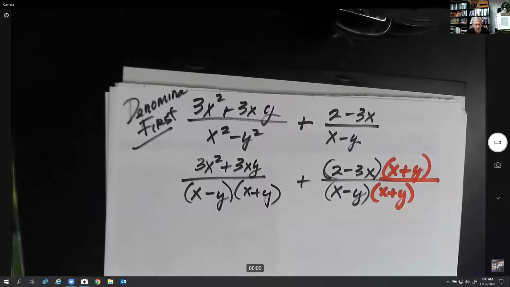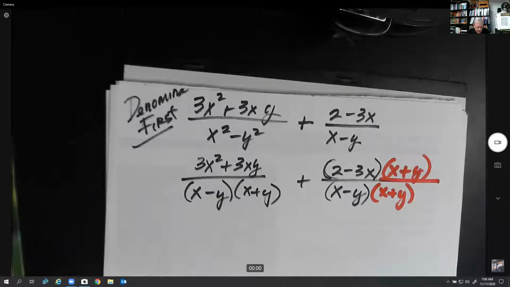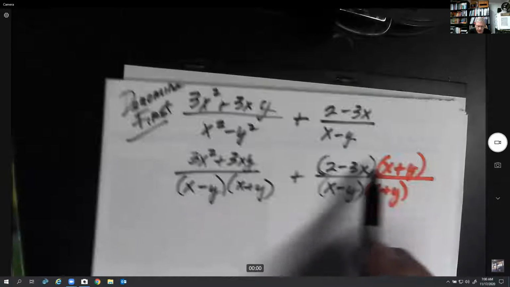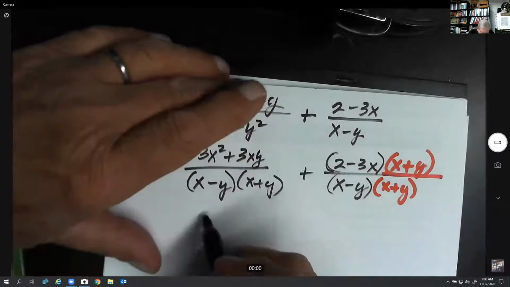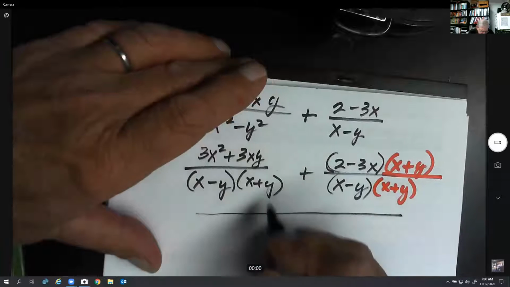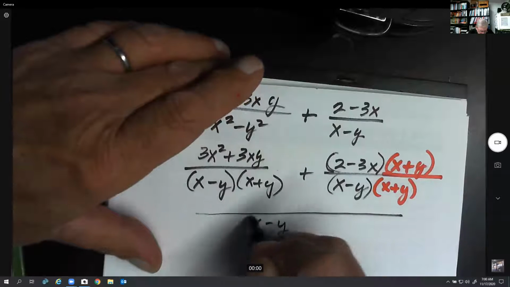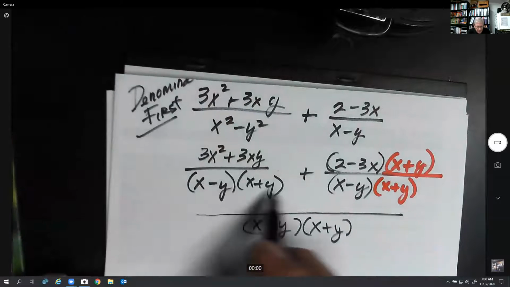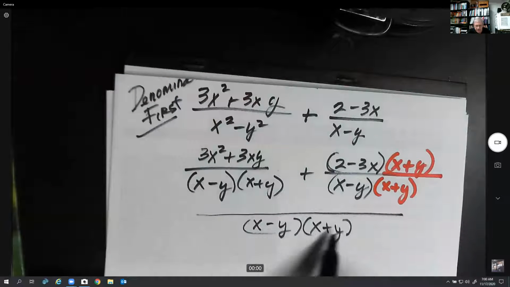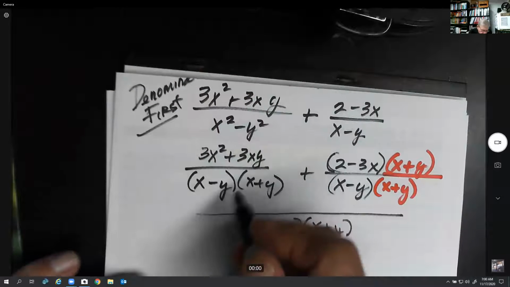Now all of a sudden we can just kind of expand this out. But unfortunately here we're going to have to do a FOIL. Let's put our common denominator, so we're successful in getting a common denominator, right? They're both the same. It doesn't matter if they're in the same order, just so you have an x minus y, x plus y. So let's see what happens.